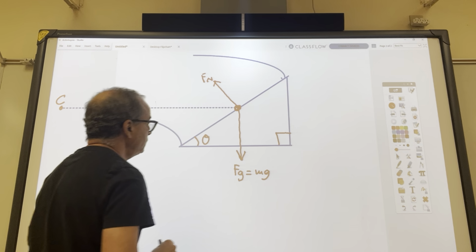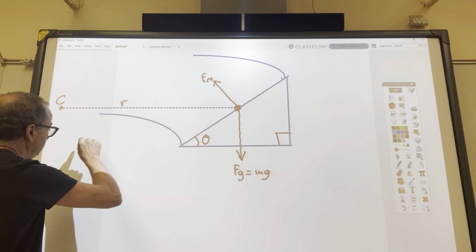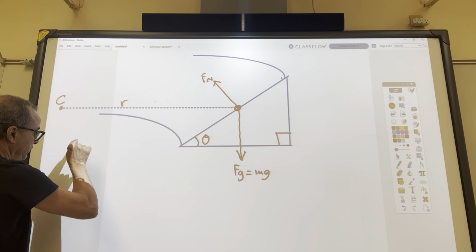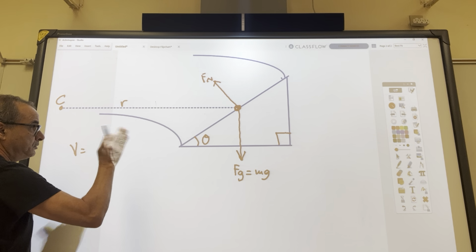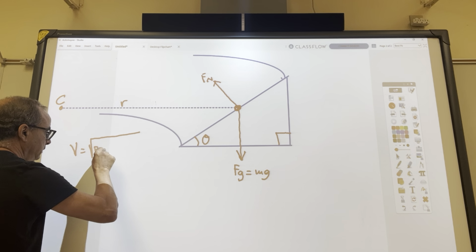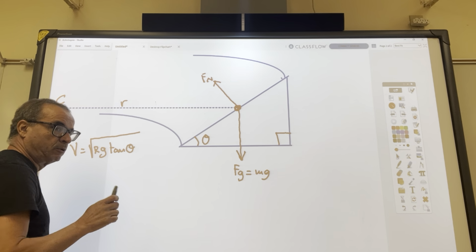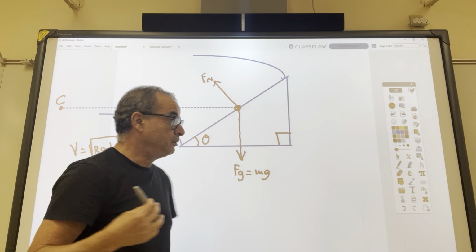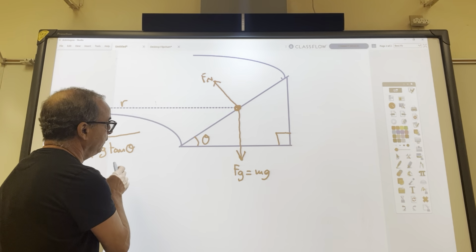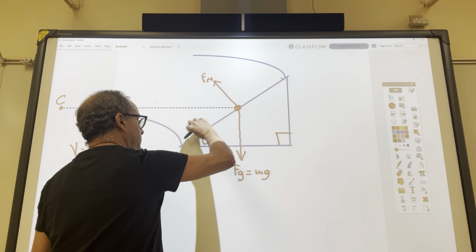Now we have another one because the car is going to slide down. Remember, the perfect velocity that we needed for the car to stay on the road is the square root of Rg tangent of theta. That was derived in the previous video. If we lower that velocity, the car is going to slide down.